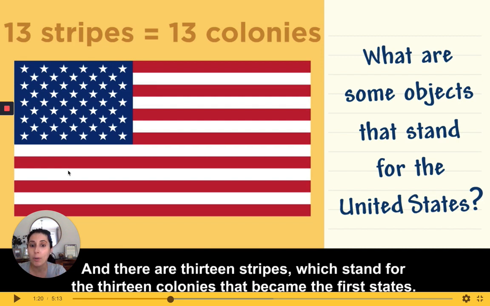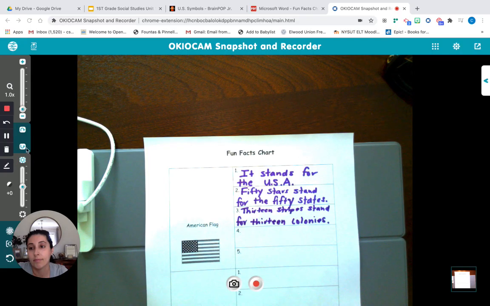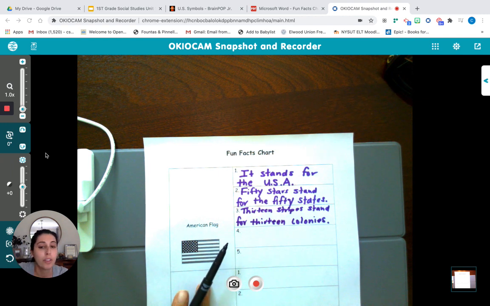Now you might be wondering, well, what are colonies? Before the United States was known as the United States, there were colonies instead of states. So that's what those 13 stripes stand for, the 13 original colonies. Let's make sure that we write our notes on that. Okay, as you can see here, I wrote 13 stripes stand for 13 colonies. So pause the video here, make sure that you write that down, and then we'll keep watching.